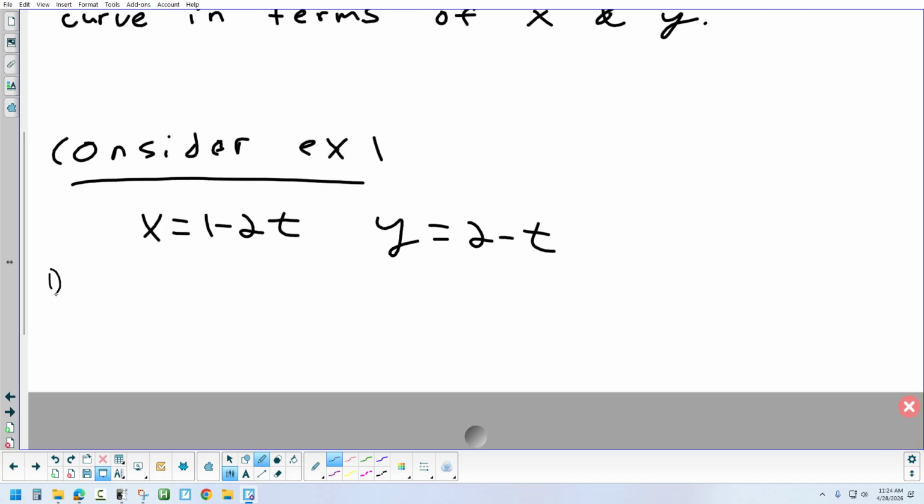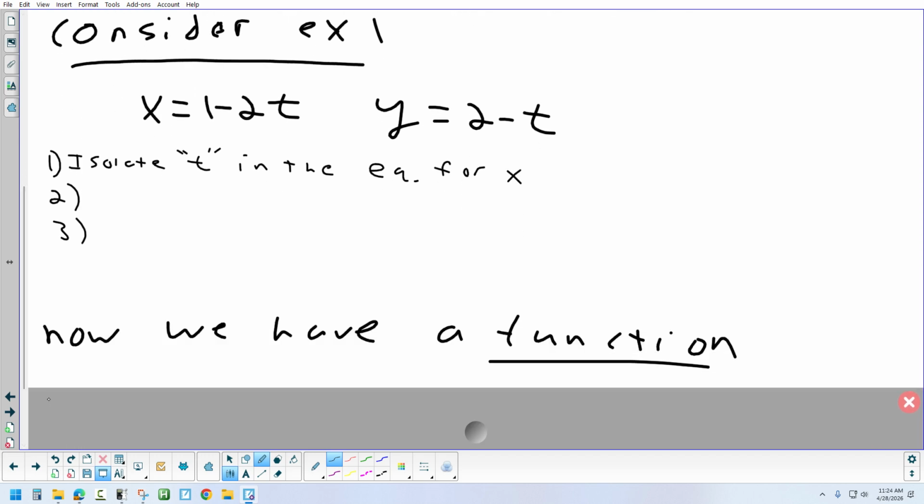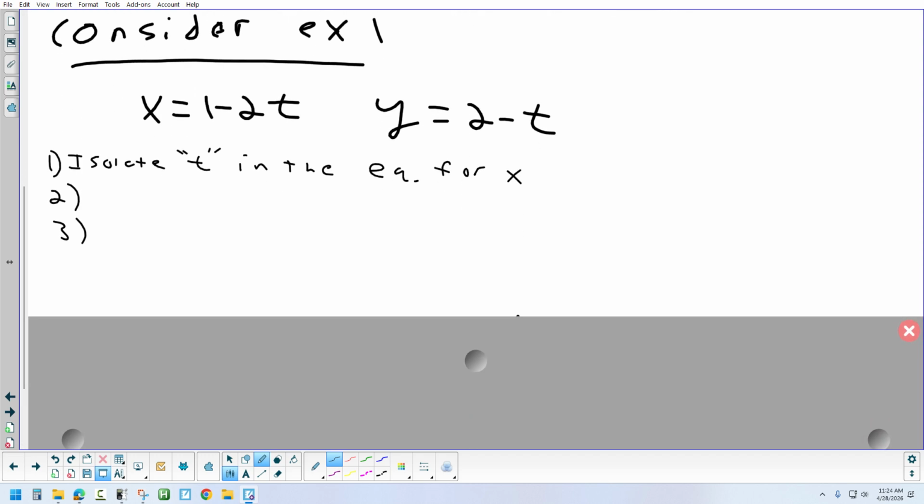Step 1. Isolate t in the equation for x. Okay, so I'll do that off to the side.